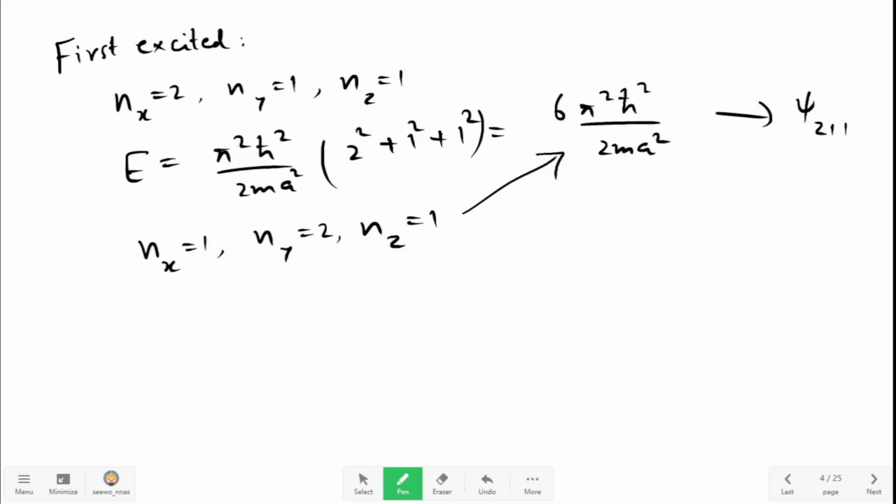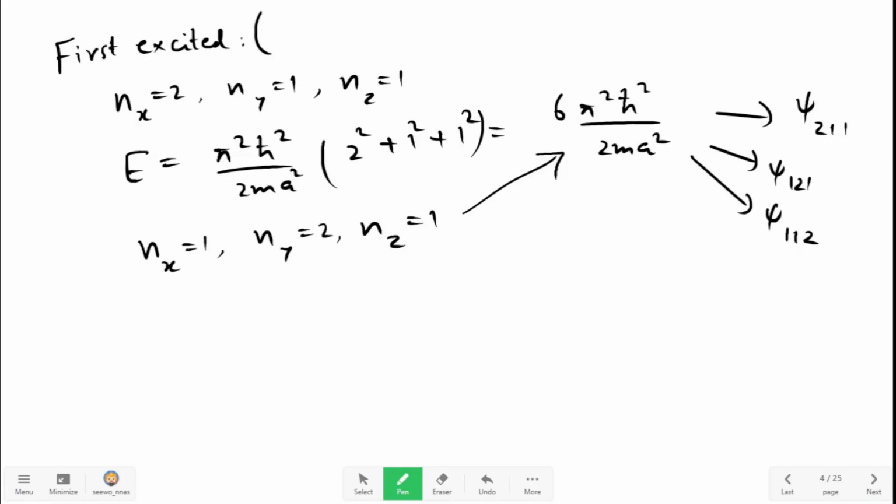So for psi 121 also we have the same energy 6 pi square h bar square upon 2m A square. Now if you set nx equal to 1, ny equal to 1, nz equal to 2, for that also you will have same energy. So psi 112 also has the same energy 6 pi square h bar square upon 2m A square.